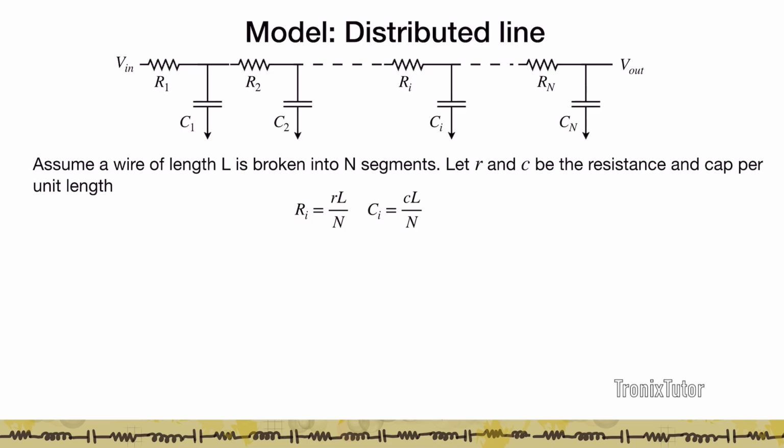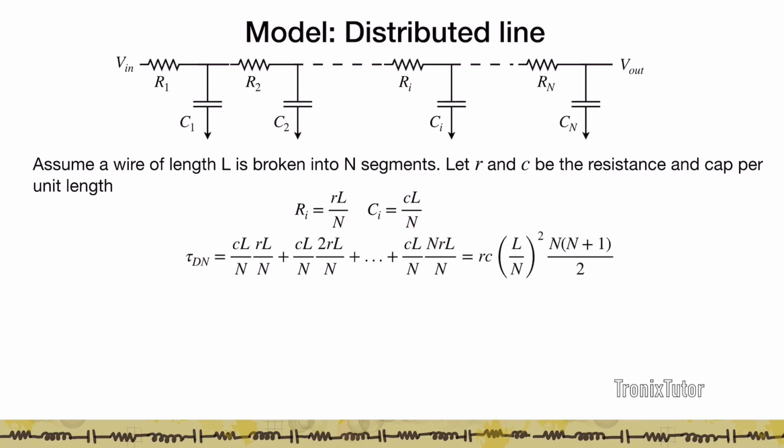Then each resistance here is equal to small r times L divided by N. Small r times L is the net resistance of the wire. It's broken into N segments, so each segment has a resistance of rL upon N. Each segment has a capacitance of cL upon N.